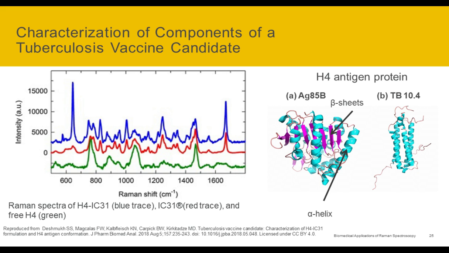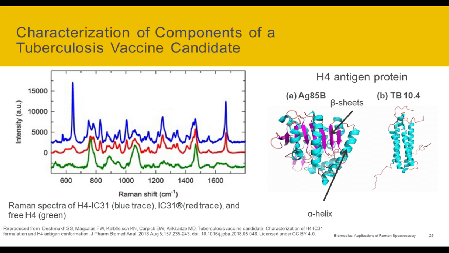So some of that signal can partially be attributed to the adjuvant, the red spectrum, but not all of it. Some of it can be attributed to the conformational changes just of the protein itself upon adsorption.